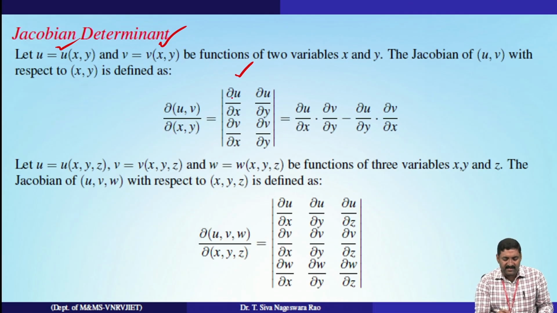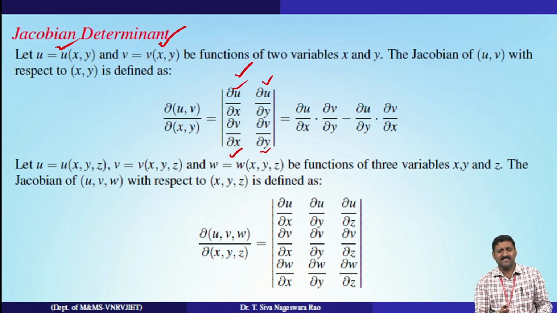row contains the partial derivatives of u with respect to x and y, that is dou u by dou x and dou u by dou y. Coming to the second row, we will calculate the partial derivatives of v with respect to x as well as y, that is dou v by dou x and dou v by dou y. This is like a 2 by 2 determinant, just the difference between the product of diagonals and the product of the non-diagonals.